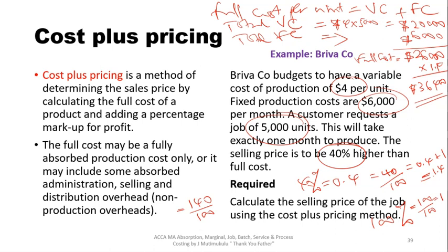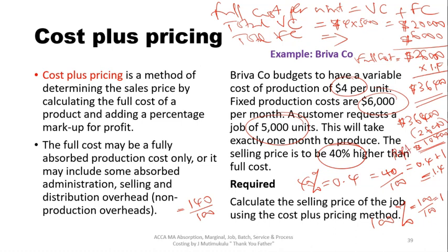If the question says how much was the profit, the profit is equal to selling price minus full cost, that is 36,400 minus the full cost of 26,000. Then we get how much? 36,400 minus 26,000, we get 10,400 as your profit.